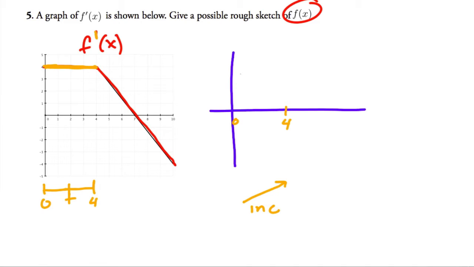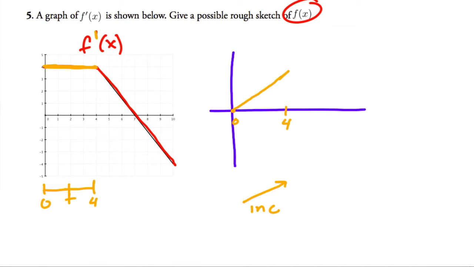Now remember, your antiderivative could start anywhere along the y-axis as long as you don't have any information about your function. So let's just say we start it here, and it's going to start going up like that.